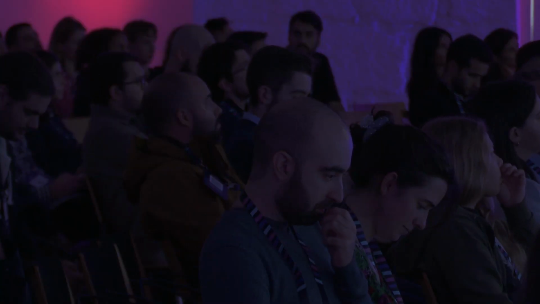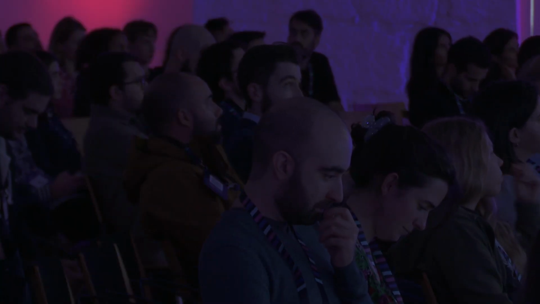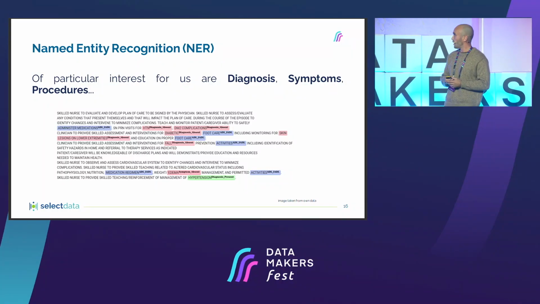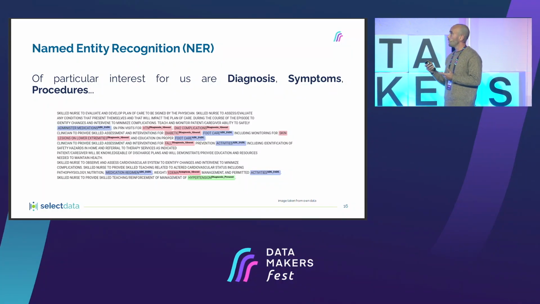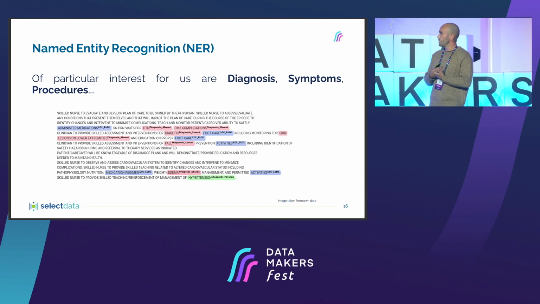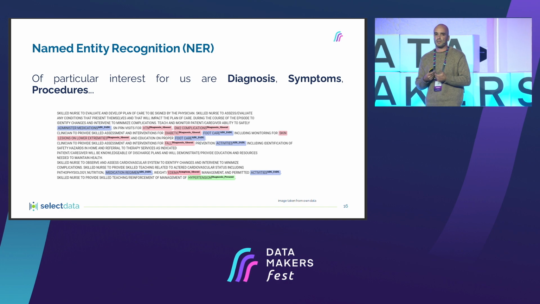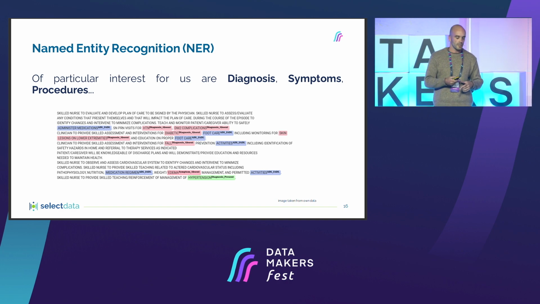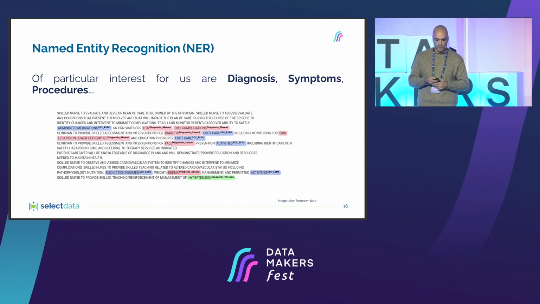In our case, we don't deal with logs, IPs or dates, but we are focused on clinical entities, obviously. This means that we are especially interested in detecting diagnoses, symptoms, procedures, ADLs, IDLs, etc.